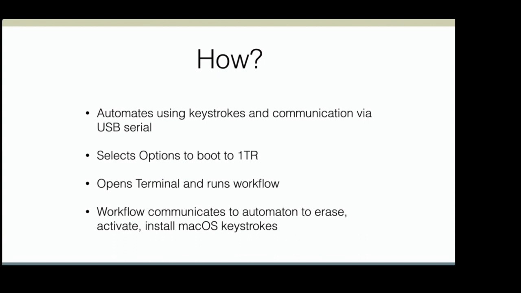So how does it work? It automates using keystrokes and communication via USB serial. This is what's really different with the way we did the Apple Silicon: because we're going back to the installer, it can communicate back to the automaton. So there's a two-way communication. What happens is it boots up, the automaton chooses the options. You have to hold the power button and plug it in, right?